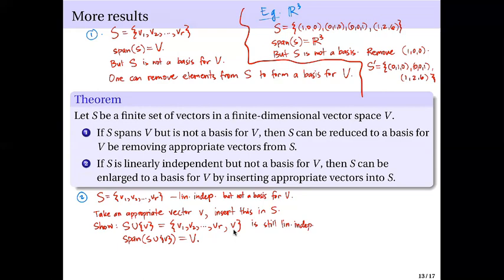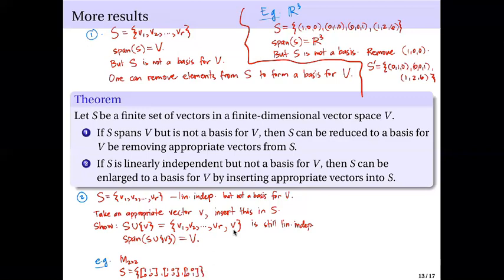For example, let's look at M22. Let S be the set containing the following matrices: 1, 1, 0, 0; 1, 0, 1, 0; and 1, 0, 0, 1.